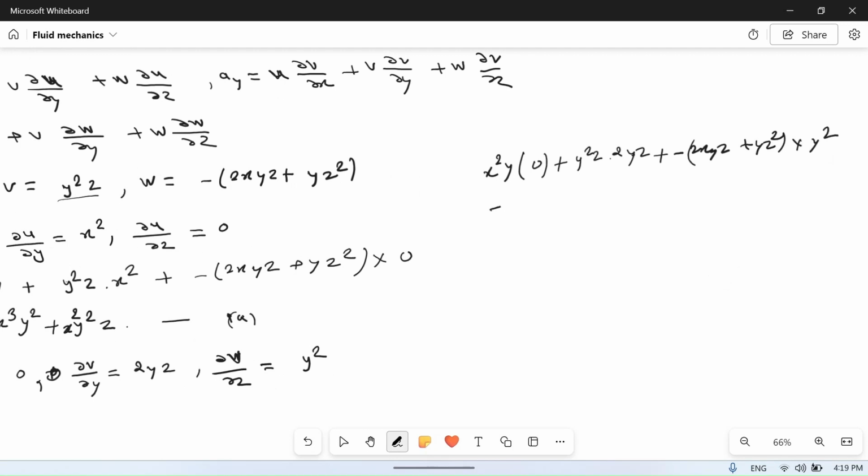So it will become 0, 2y cube z square, minus 2x y cube z plus y cube z square. So it will become 3y cube z square minus 2x y cube z. This is our ay.